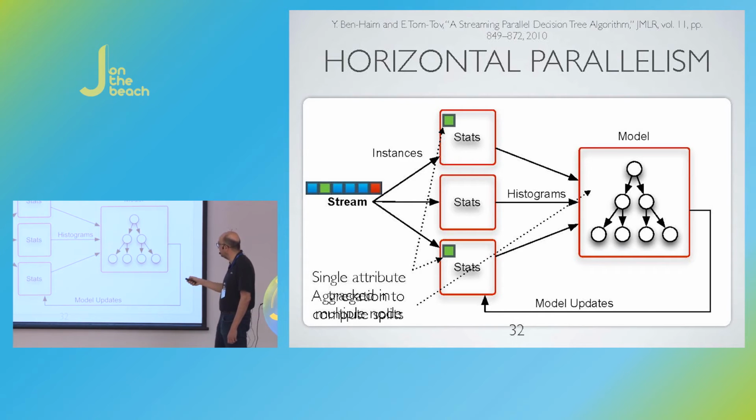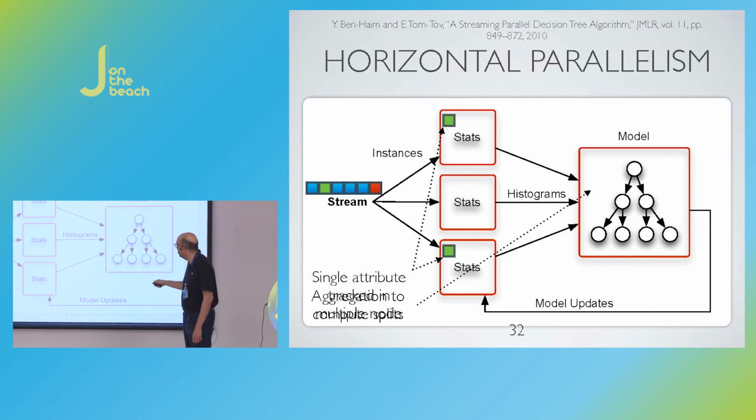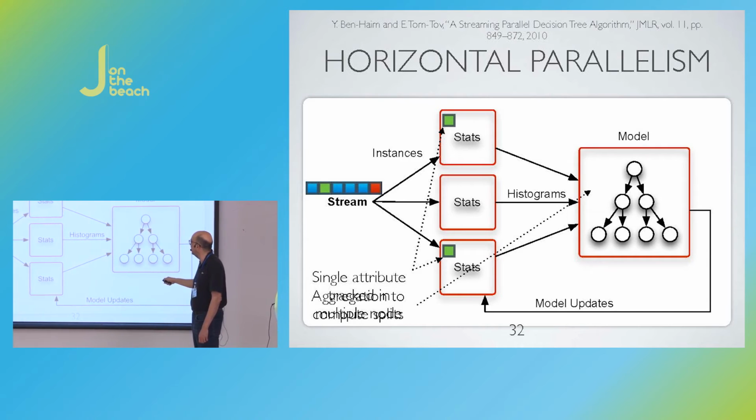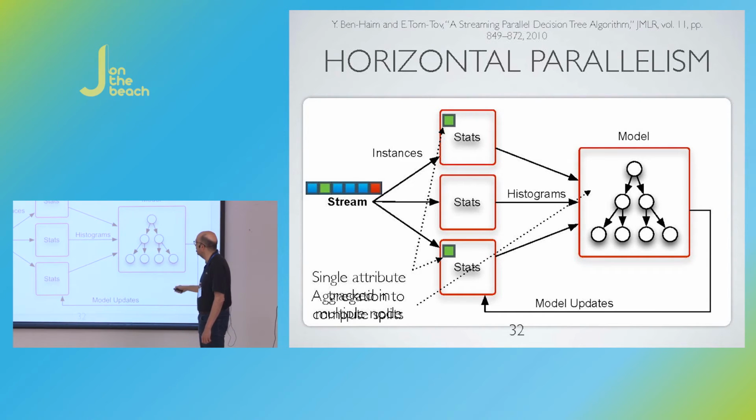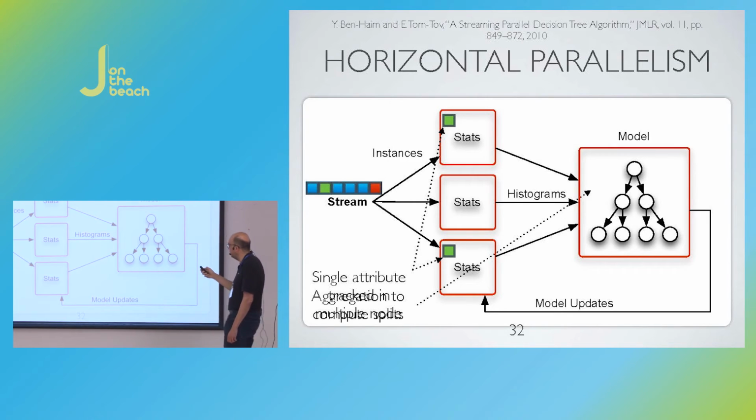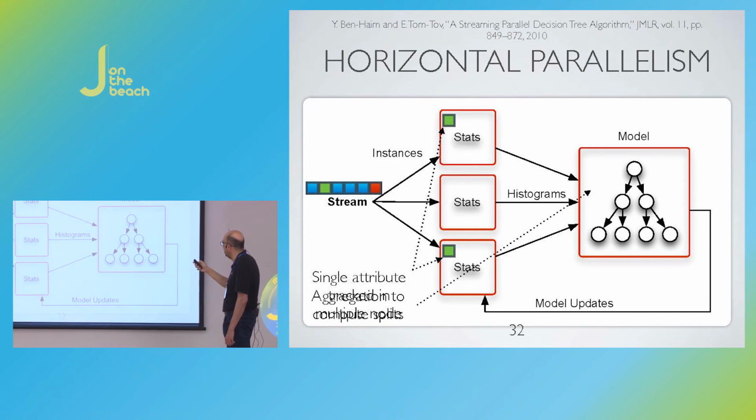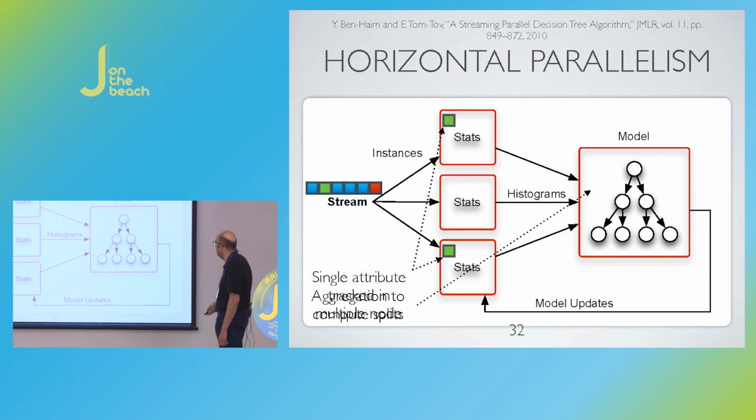So imagine we have this instance. In this instance, the red is the class attribute that we want to predict. And these are the rest of the attributes, and we want to see what's happening with the second one, the green. In horizontal parallelization, for this instance, the second attribute, the green one, is going to this node.